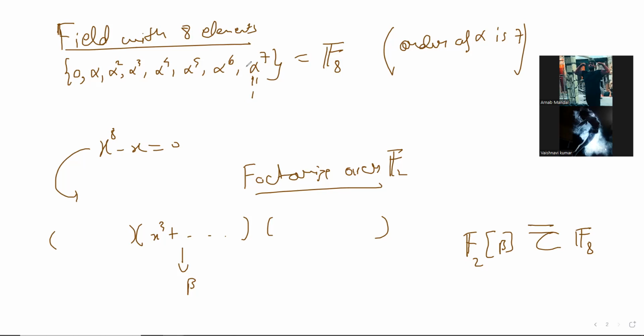It should be this beta only, but I am unable to prove it. This beta, which is the root of the minimal polynomial, which is the root of an irreducible polynomial of degree 3, that should be the thing.